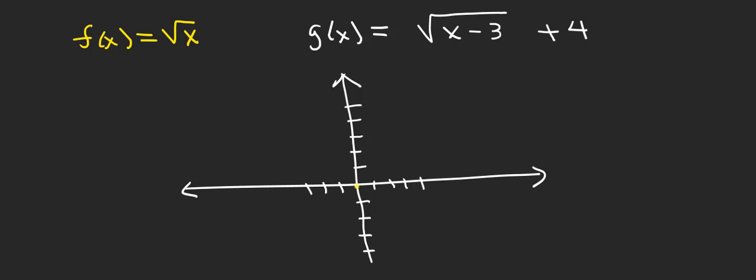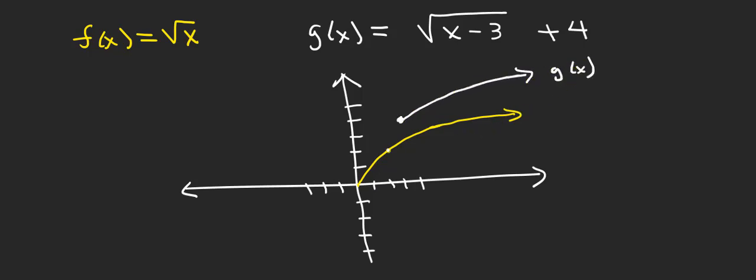It looks something like this, right? So now what's going to happen is you're going to move 3 to the right, 1, 2, 3, and you got to move up 4, 1, 2, 3, 4. So there's your g of x compared to f of x.